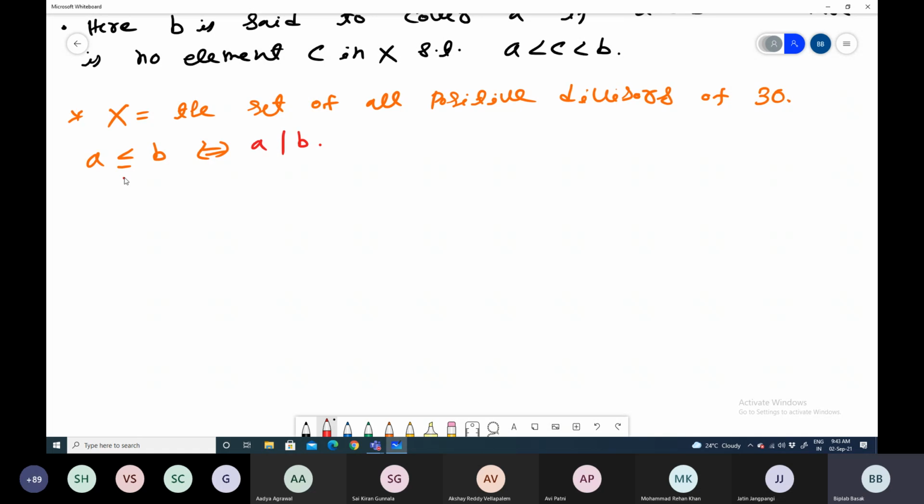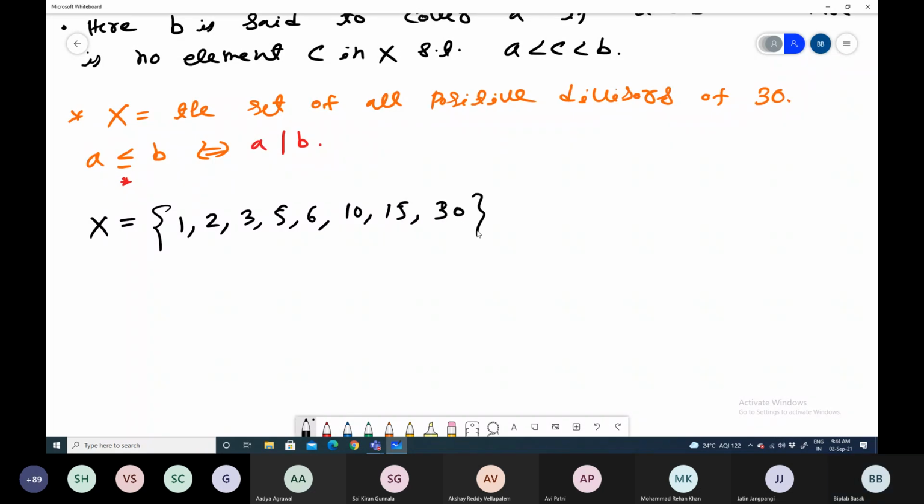Now tell me what is your set X here? Since it is all positive divisors of 30, the set X is 1, 2, 3, 5, 6, 10, 15, 30. Four will not be here.